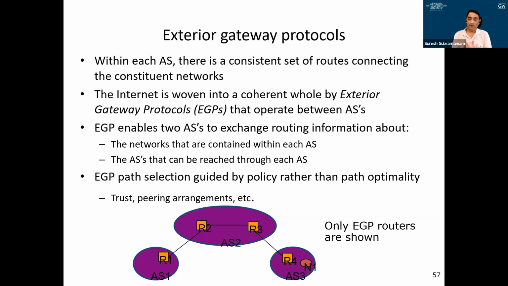That is, I'll send you traffic that could be sent to other autonomous systems, and I'll take traffic from you and send that traffic to autonomous system 3. So that could be an arrangement between AS1 and AS2. It's these kinds of pairwise arrangements between autonomous systems that are made sometimes to carry traffic. These are called peering arrangements.